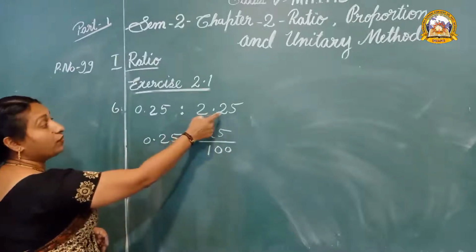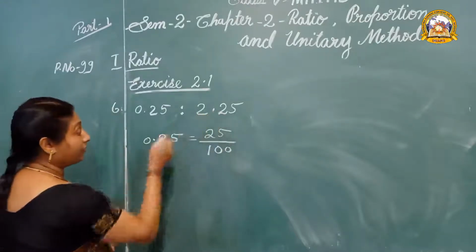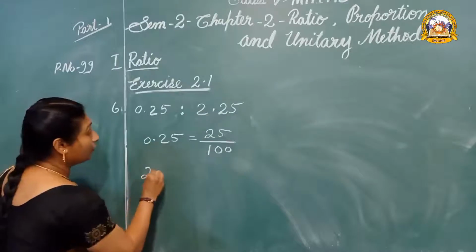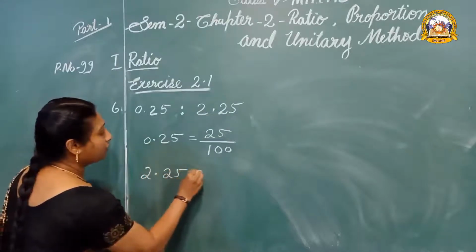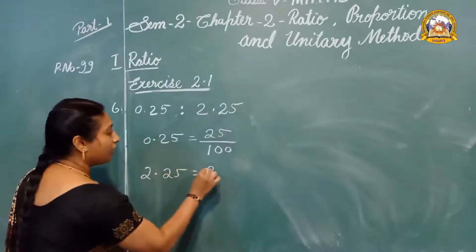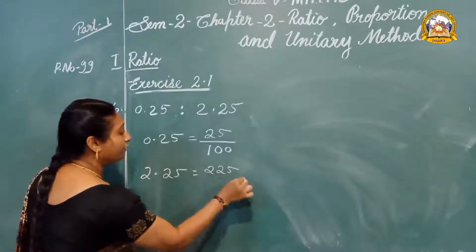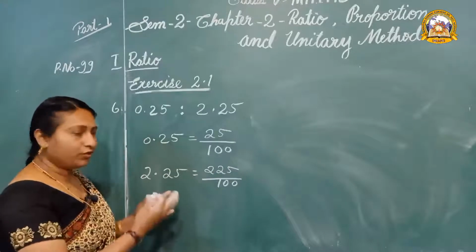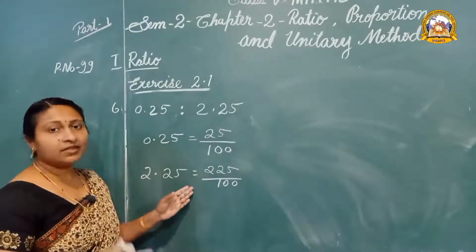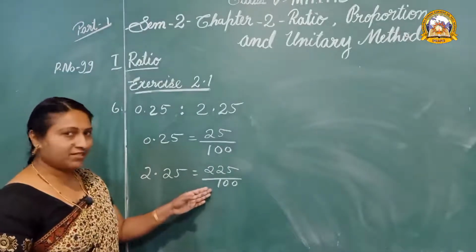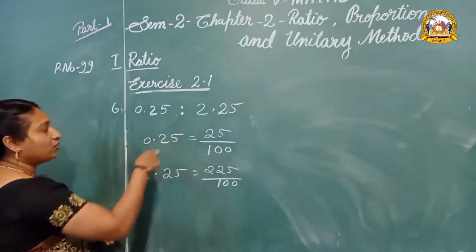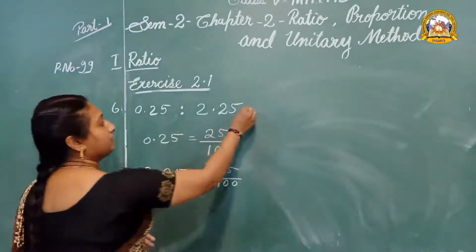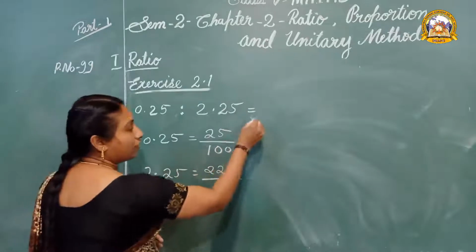And to avoid the decimal point from here, 2.25 is equal to 225 divided by 100. Already you have learned these things at your class 4th, isn't it?